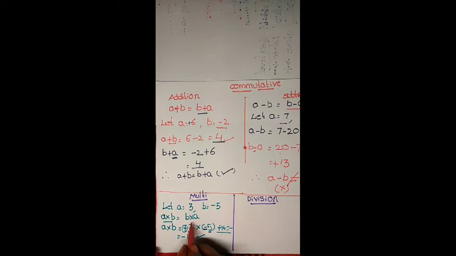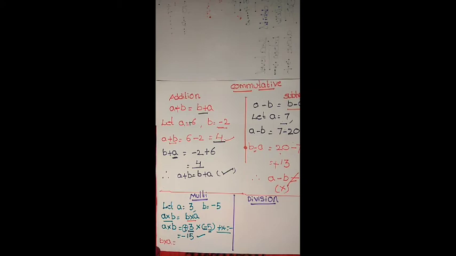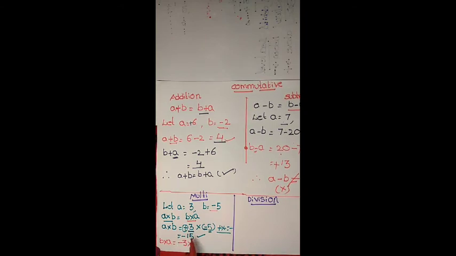For B cross A, what we have to do? We have to substitute the values. B cross A equals, our B value is minus 5, so minus 5 into the value 3.